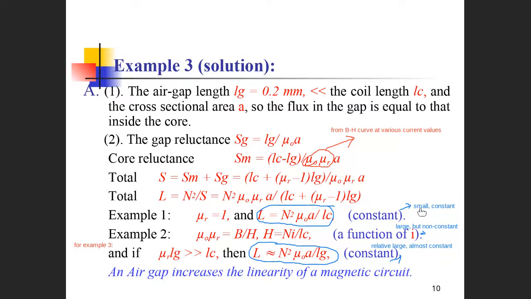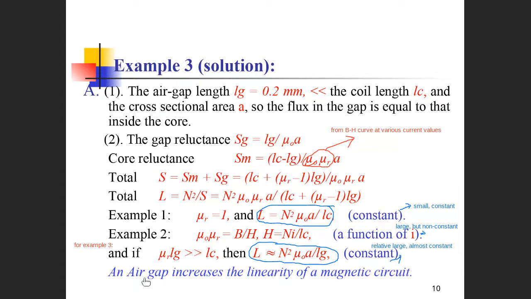Example 1 has a small value but a constant inductance. Example 2 is very large but non-constant, changing significantly with current. Example 3 is relatively large but almost constant.